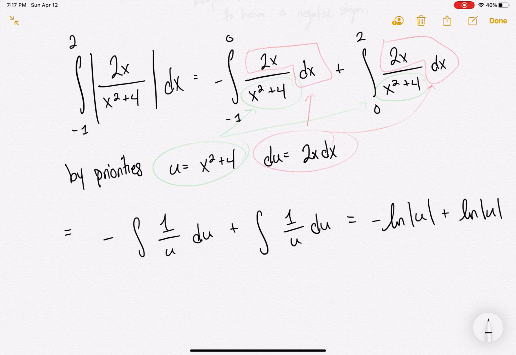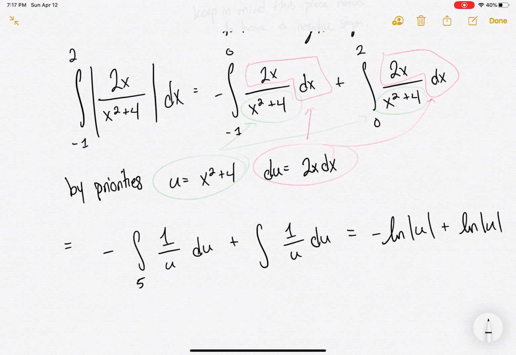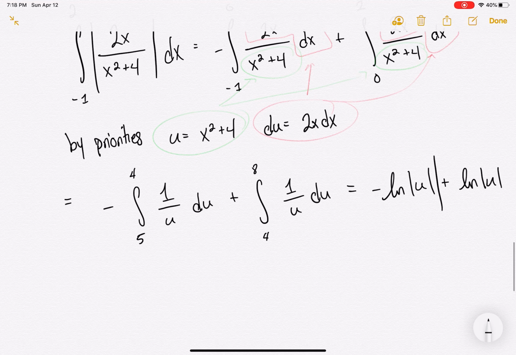I'm keeping them separate. You can't actually add these together right now, because the bounds exist. The lower bound here is 1 squared plus 4, so this is 5, this is 4, this is 4, and this is 8.